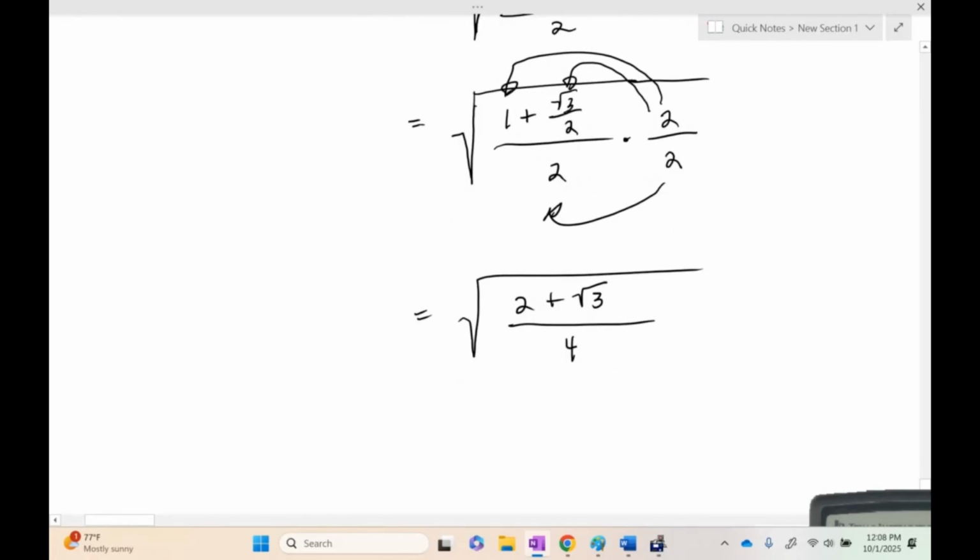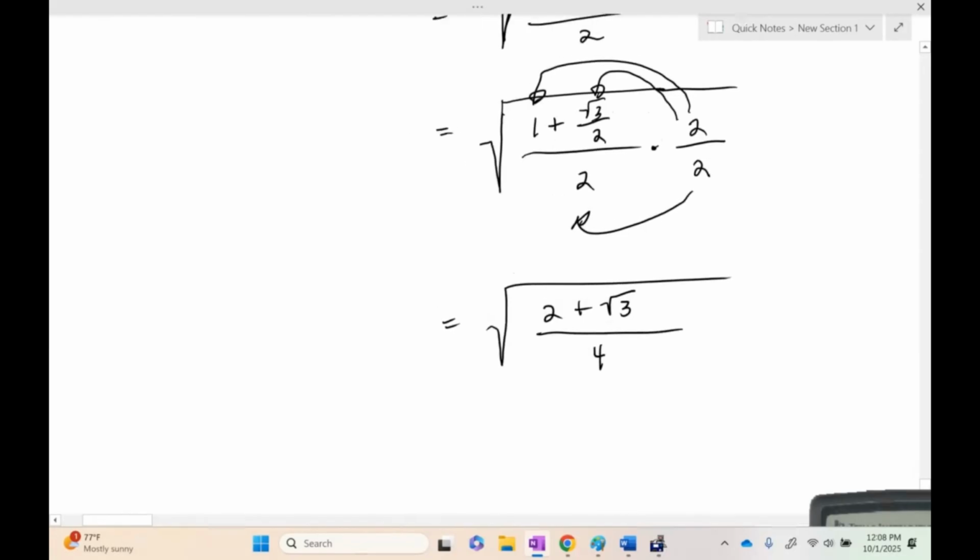Okay, now there's another rule from algebra that says the nth root of a divided by b is equal to the nth root of a divided by the nth root of b. So that means I can rewrite this fraction with a separate square root for the numerator and the denominator.